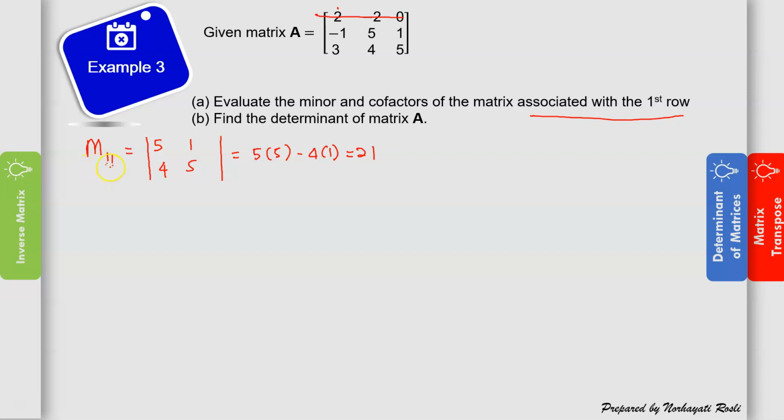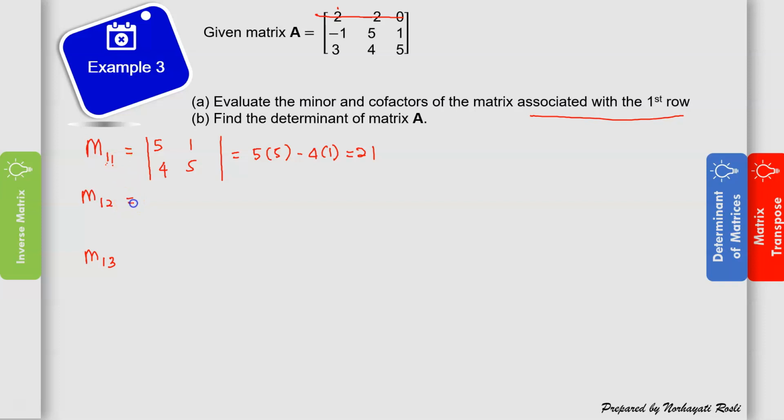You cannot just leave your answer like this, because when you associate the minor with the first row, you then need to find the minor for all columns. That means first row, second column, first row, third column, until all columns are completed.